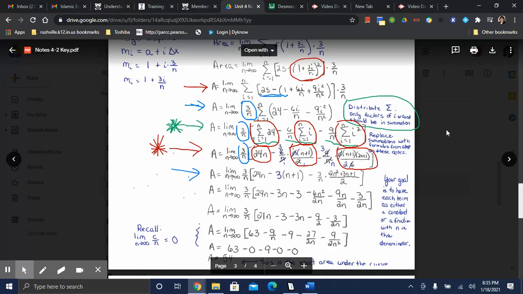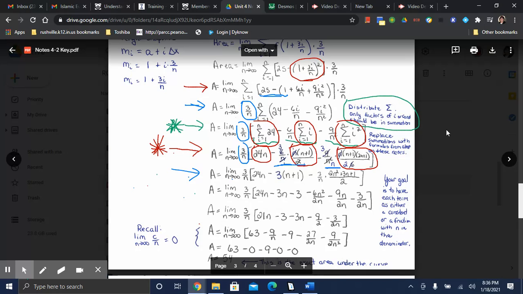You'll see that I did some canceling so that I got my next line that I've marked in blue, canceling the n's in my second term right in here, canceling the n's and the 3 into the 9 and the 6.